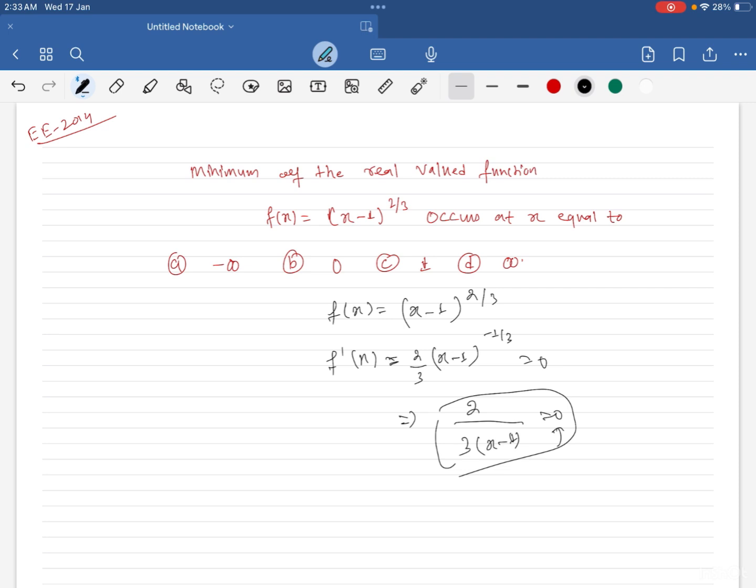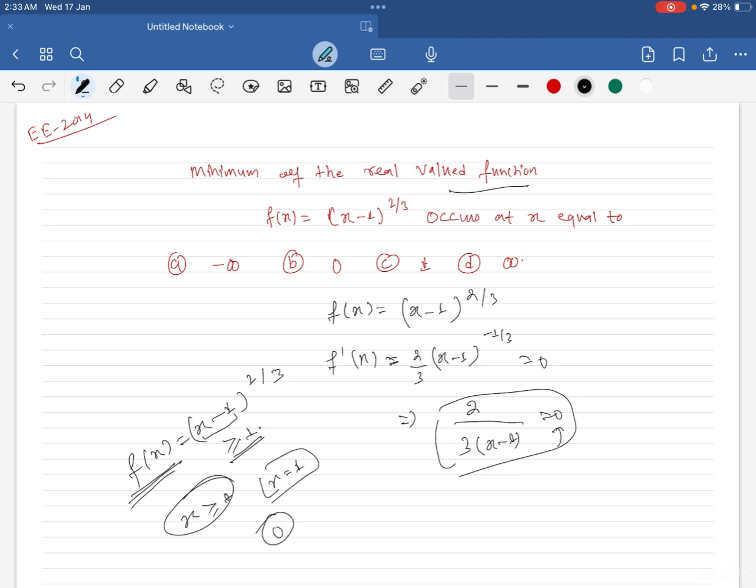So this f(x) equals (x minus 1) to the power 2 by 3, and since it's a real valued function, x should be greater than or equal to 1, right? So the domain of x is greater than or equal to 1. So the minimum value we will have at x equals 1, that is 0. So for this question, 0 is the correct answer.